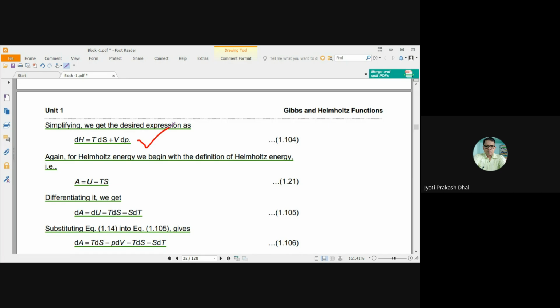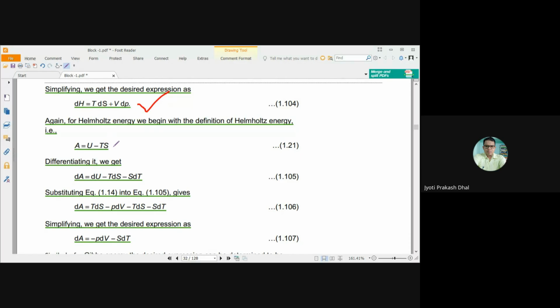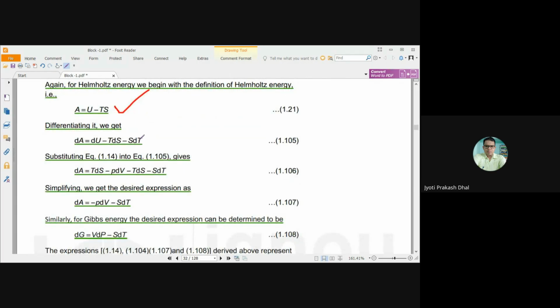plus VdP. And again, we know that the Helmholtz energy or the Helmholtz function A equals U minus TS. Differentiating this, we can write dA equals dU minus TdS minus SdT.